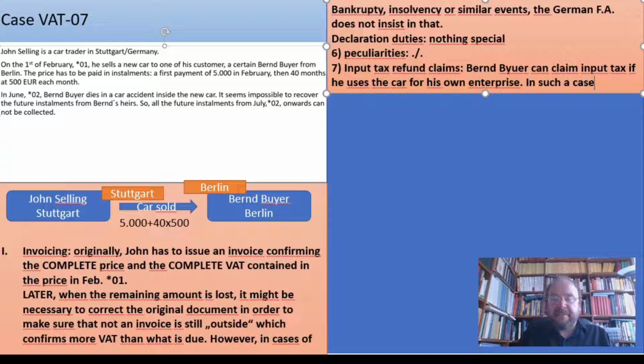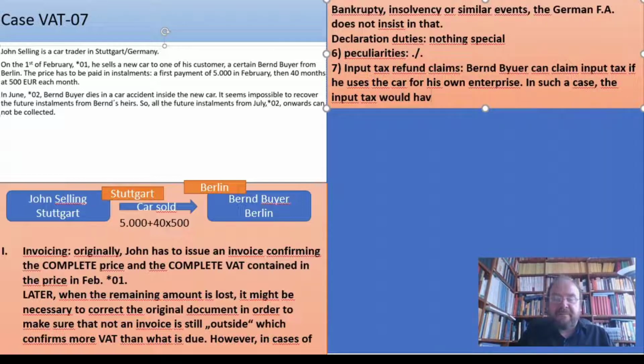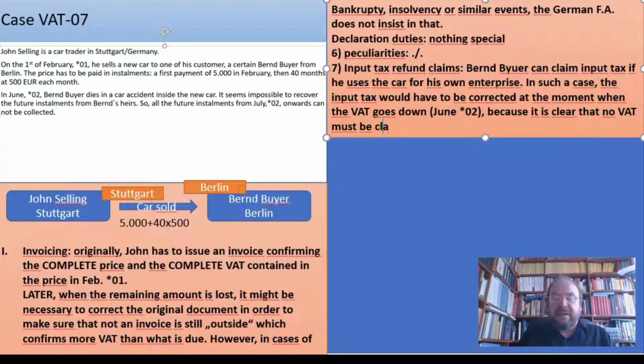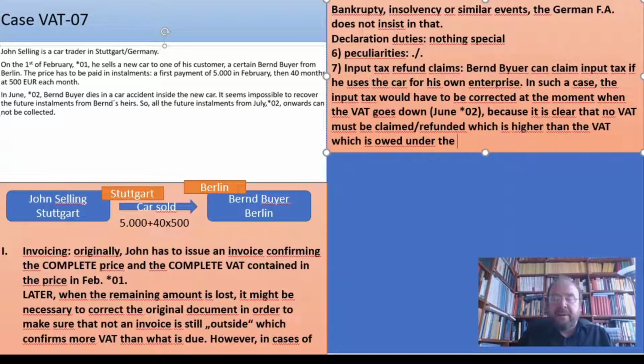In such a case, the input tax would have to be corrected at the moment when the VAT goes down, June 02, because it is clear that no VAT must be claimed, refunded, which is higher than the VAT which is owed under the law by the seller.